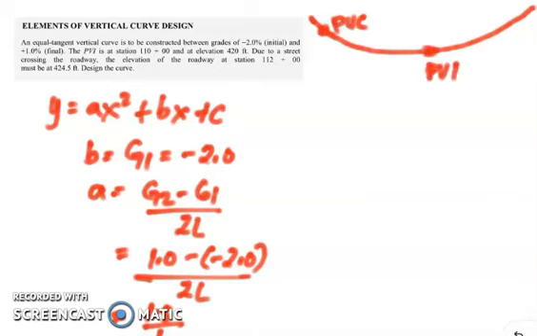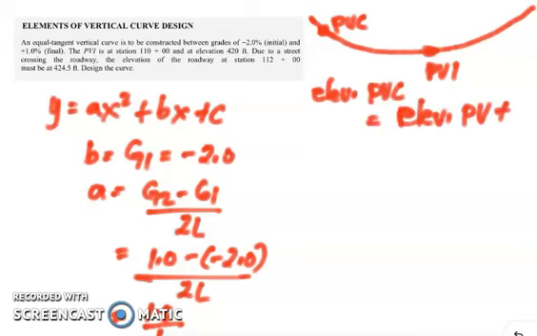Note that our PVI is lower in elevation compared to PVC. So the elevation at PVC will be equivalent to the elevation at PVI plus the initial grade, G sub 1, multiplied by the distance from PVC towards PVI.